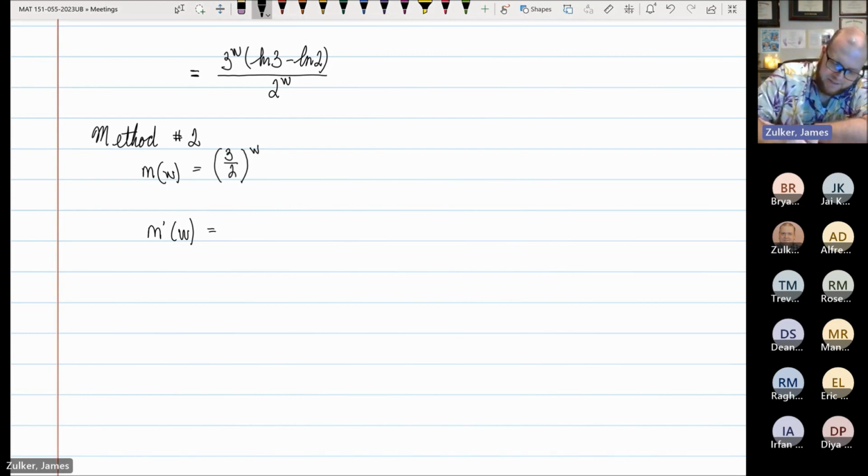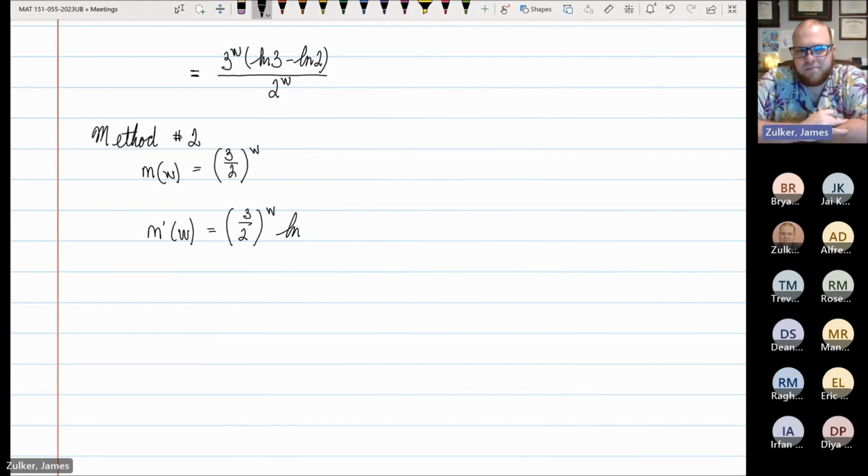The rule then says it's the function times the natural log of the base.